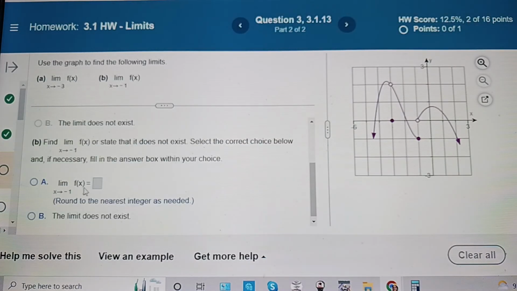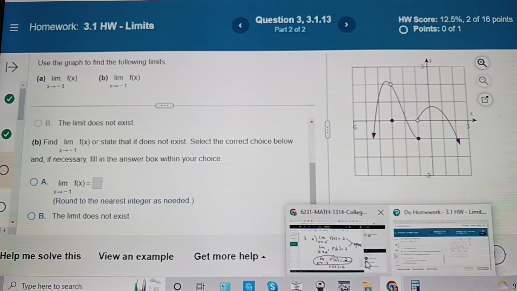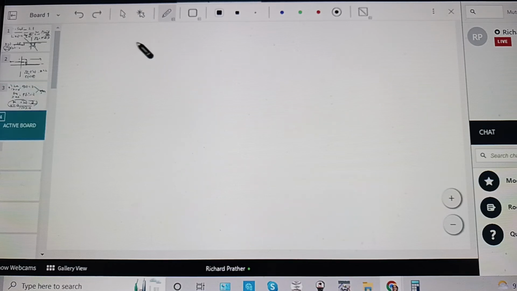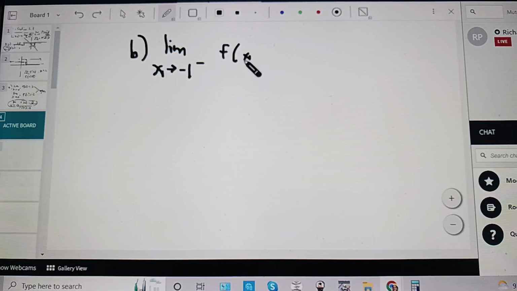Then if I repeat this at -1, which is right here where this open circle is, so now you want to do all three of these all over again. Limit as x approaches -1 from the left first. Get an answer for this.